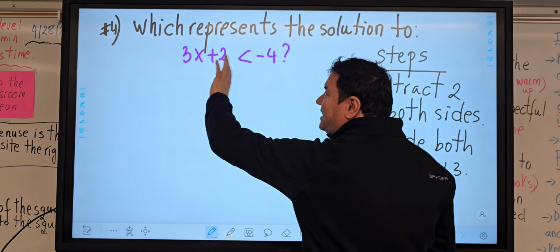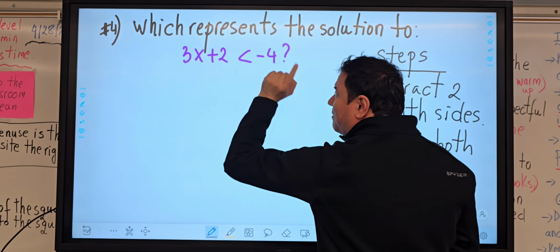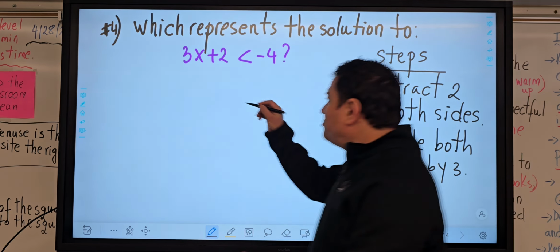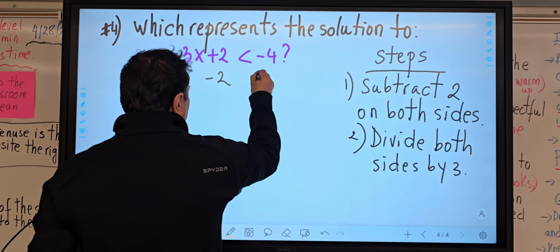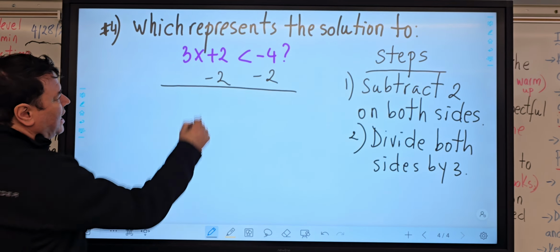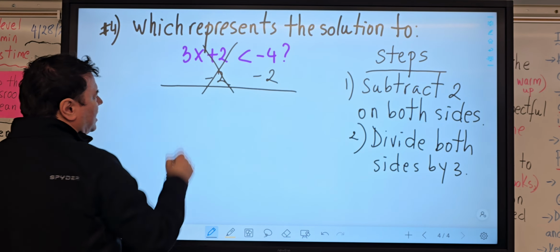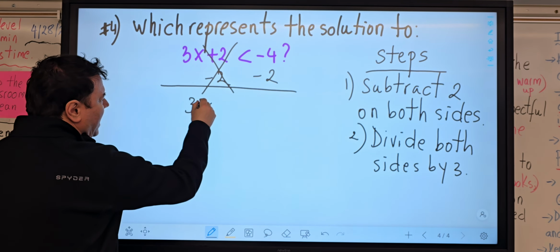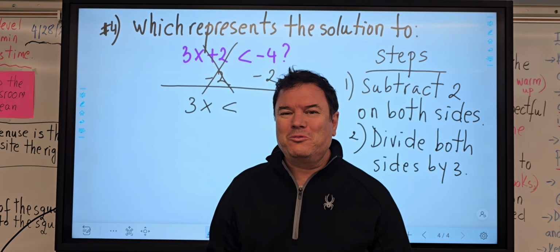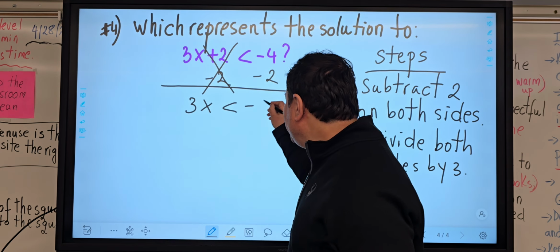We need to isolate the x on this side of the inequality by first subtracting 2 on both sides. Positive 2 and negative 2 cancel each other out. So we get 3x less than negative 4 combined with negative 2, which becomes negative 6.